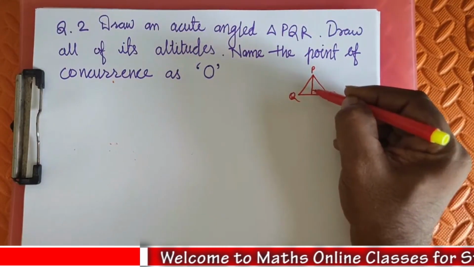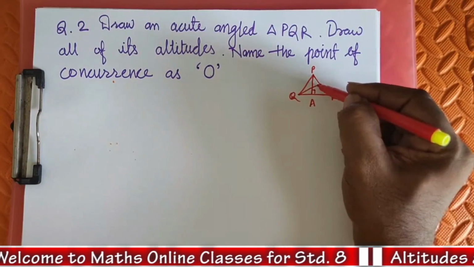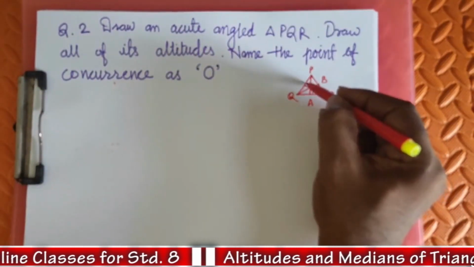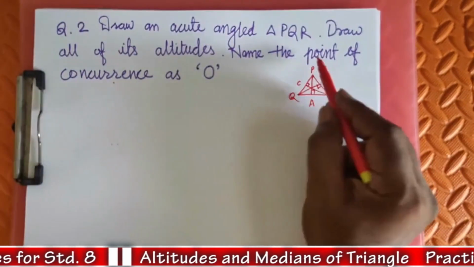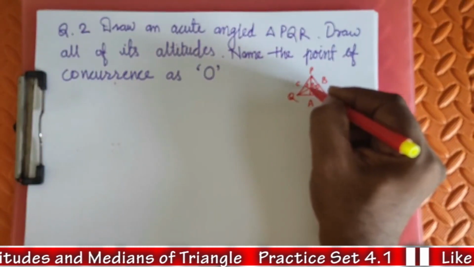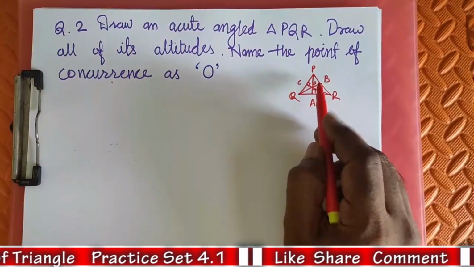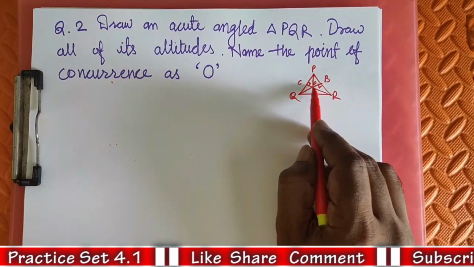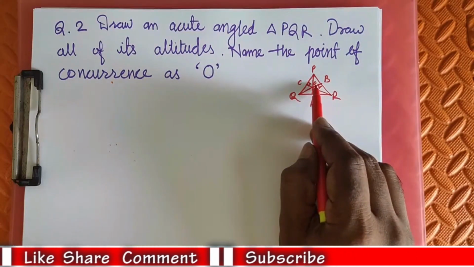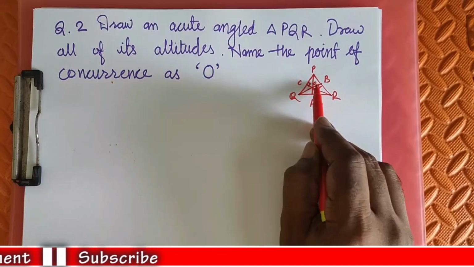Your first altitude will come, I will give here name A. Second altitude B, and here third altitude C. Name the point of concurrence as O, and this is point of concurrence where all these three altitudes intersect each other or passing through a point. That point is point of concurrence, and we have to denote by point O, letter O.